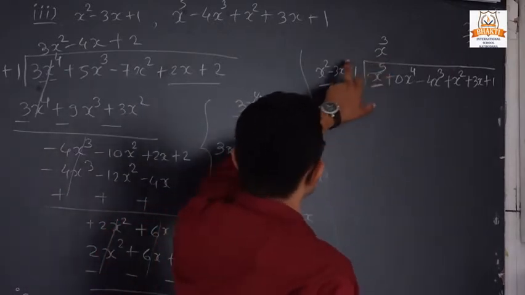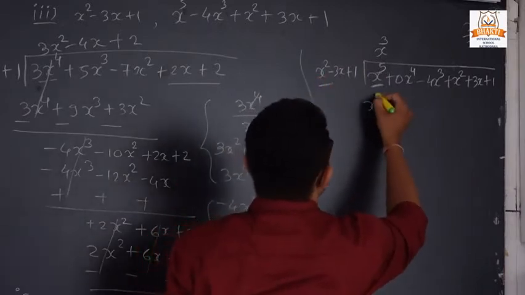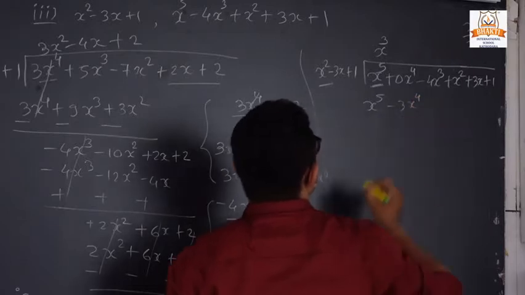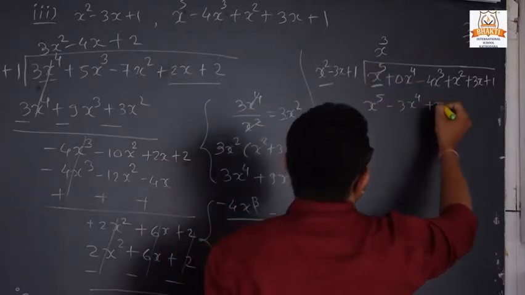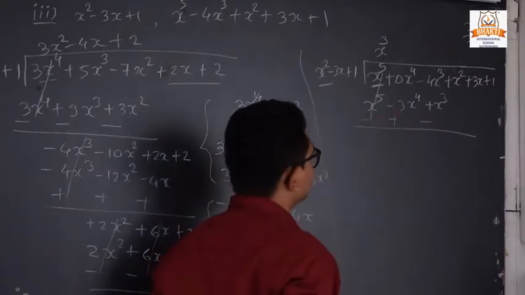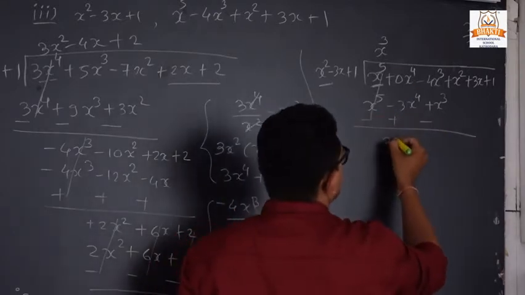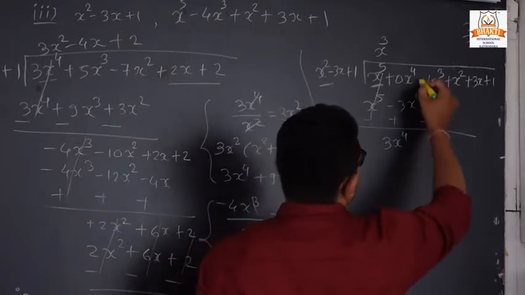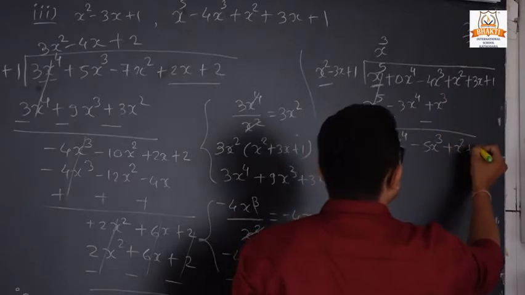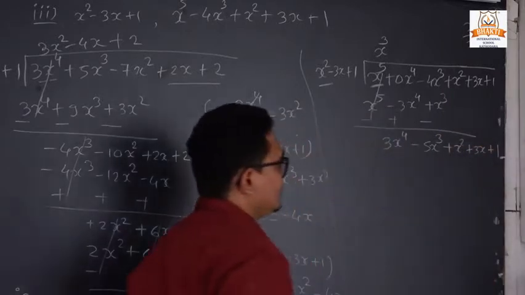So x cube into x square will be x raised to 5. x cube into x, so minus 3x raised to 4, then x cube. Now signs will be changed, so it will be cut, and here we get 3x raised to 4, minus minus plus, so minus 5x cube, and the remaining 3 terms remain the same.